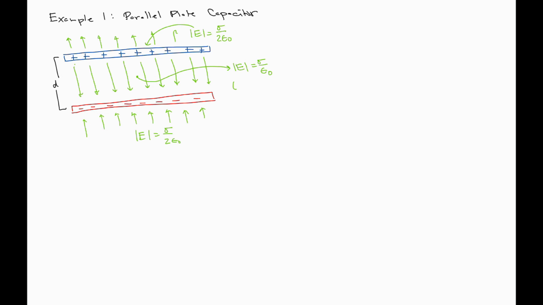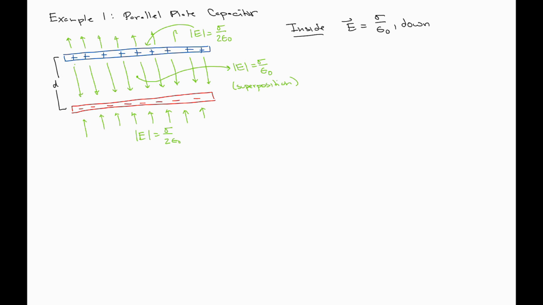So this superposition gives us 2 times the strength of the field that we get above and below our plates. Inside, we have an electric field equal to sigma over epsilon naught, pointing down.